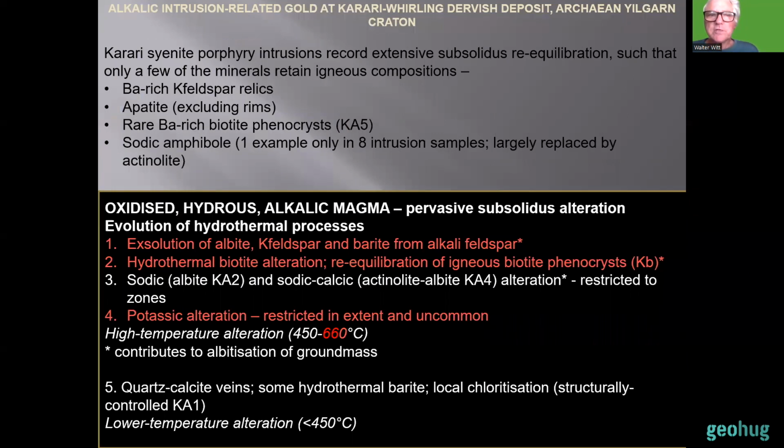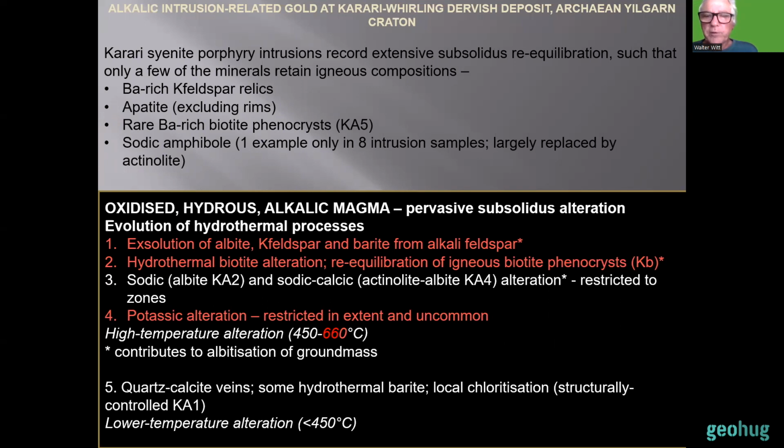To summarize what we've said so far, despite good retention of igneous textures, the Karari cyanite porphyry intrusions record extensive subsolidus modification in the presence of a pervasive hydrothermal fluid, such that less than 5% of the remaining minerals can be considered magmatic.